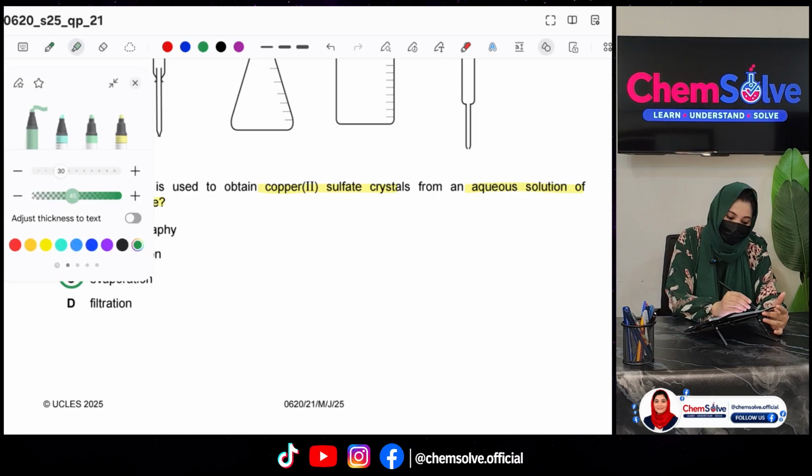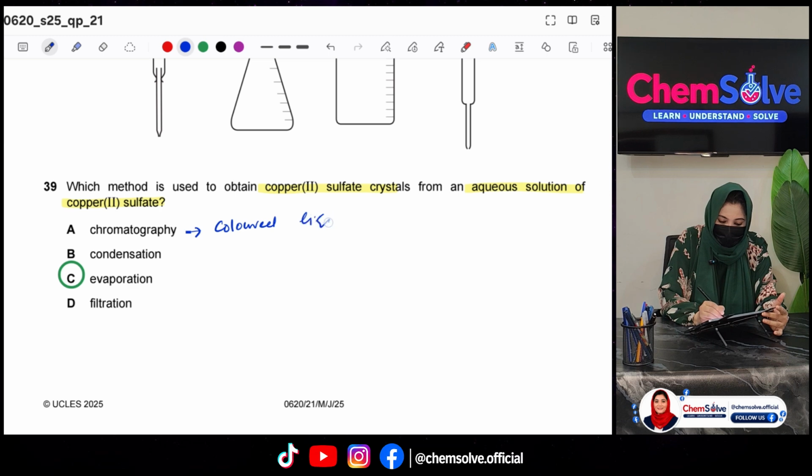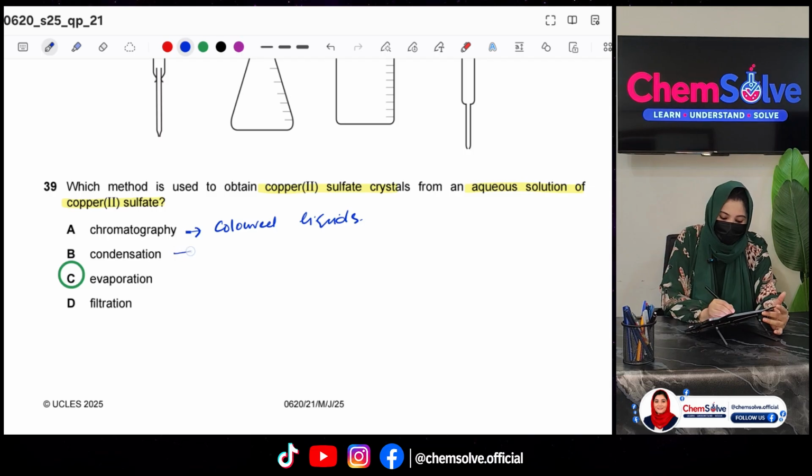Chromatography is used for colored liquids normally. Colorless liquids can also be separated if we use a locating agent.